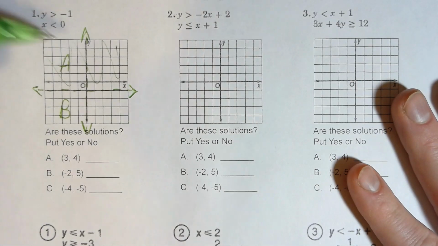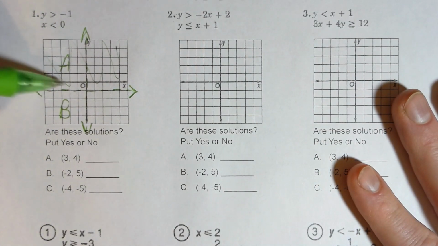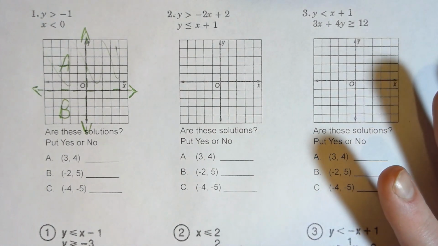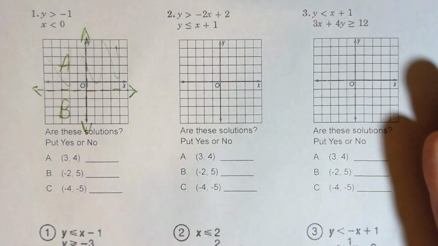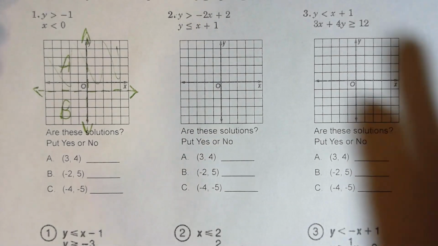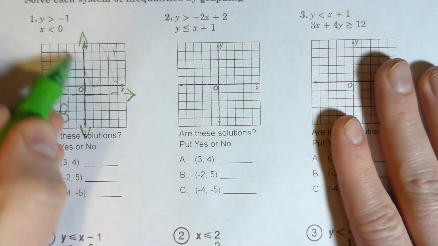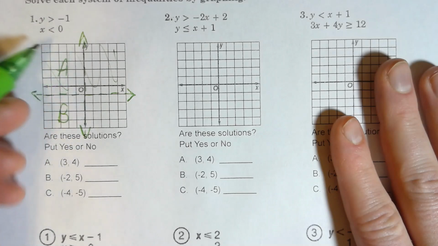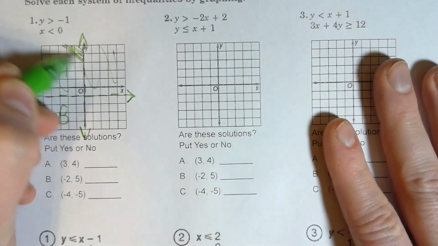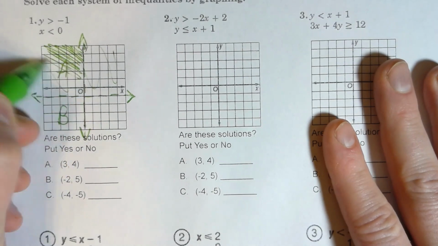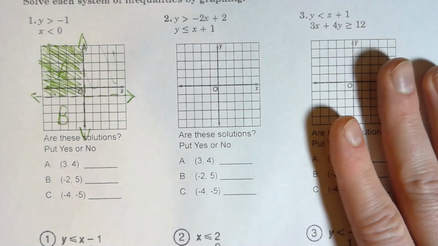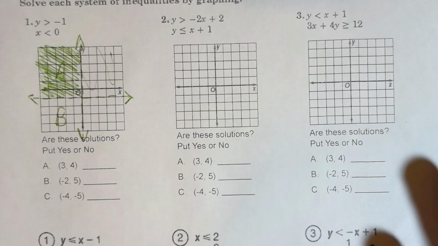I see that I've got shading from my previous step here, and I'm wondering, where is the shading overlapping? Where do I have a section that is a solution for both of these equations? It's a solution to the first equation, and it's a solution to the second equation, so I am going to mark this really darkly to say this section over here is my solution.